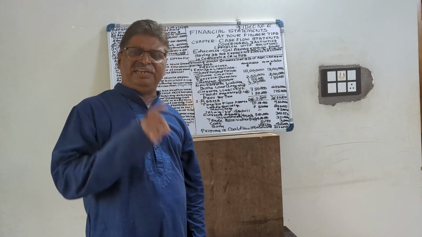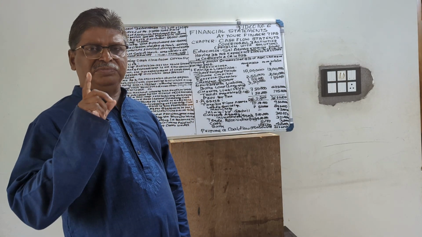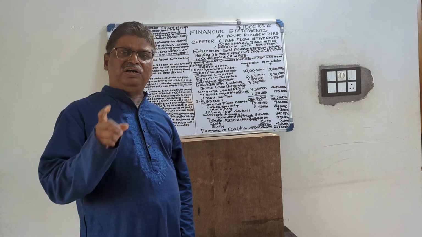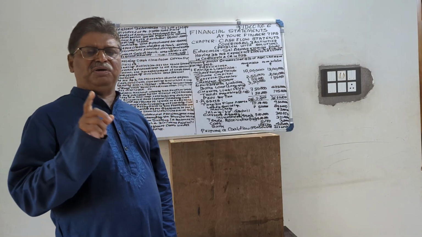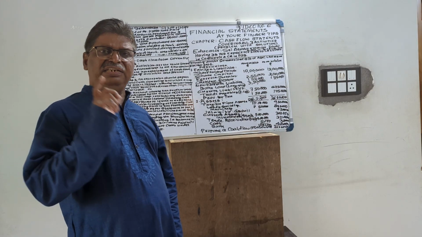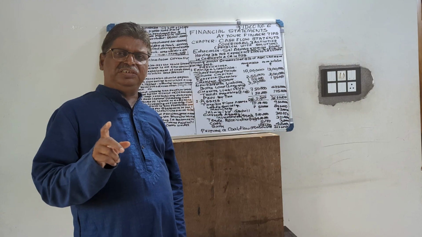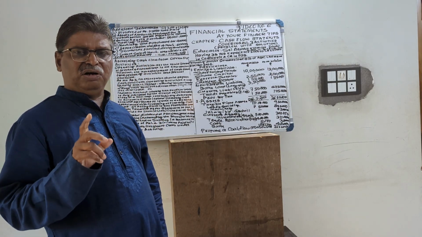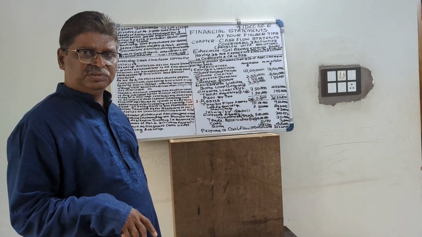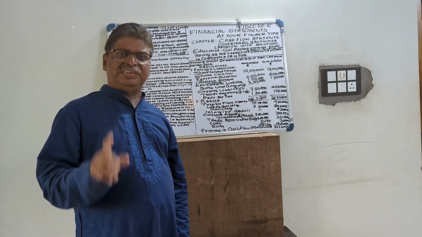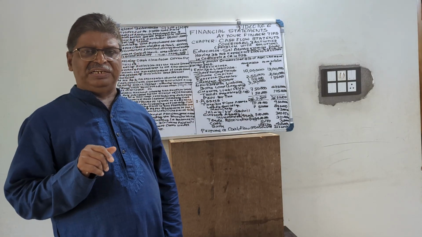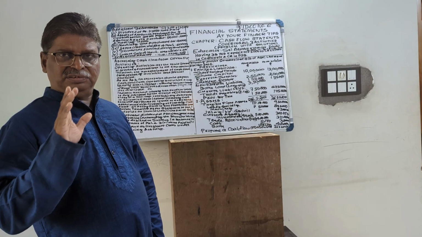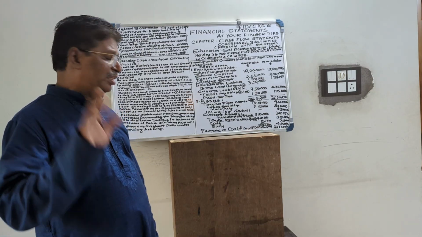The three activities are cash flow from operating activity, either net cash flow or net cash used from operating activity, then net cash flow or uses from investing activities, or net cash flow or uses from financing activity. Then we total all the activities, and finally we get the net cash flow from all the three activities.